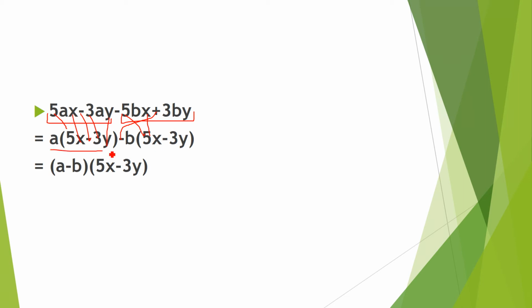So now this is one set, this is one set, and from these two sets, what is exactly same? 5x minus 3y. So you can take 5x minus 3y as a common, and remaining is a minus b. This is the answer, right?